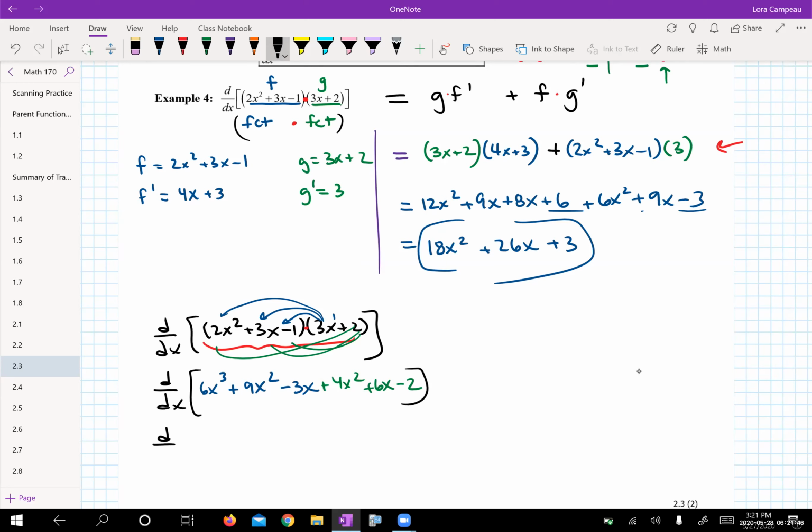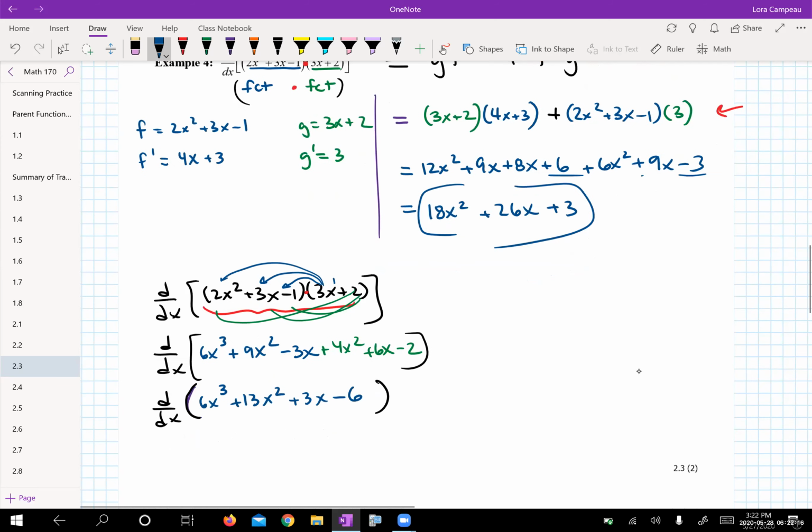So before I take the derivative, I want to see, do I have any like terms? By the way, I can start to use parentheses again. There's no need to use brackets. And so I just combine my like terms. I should get 6x cubed plus 13x squared plus 3x minus 6.